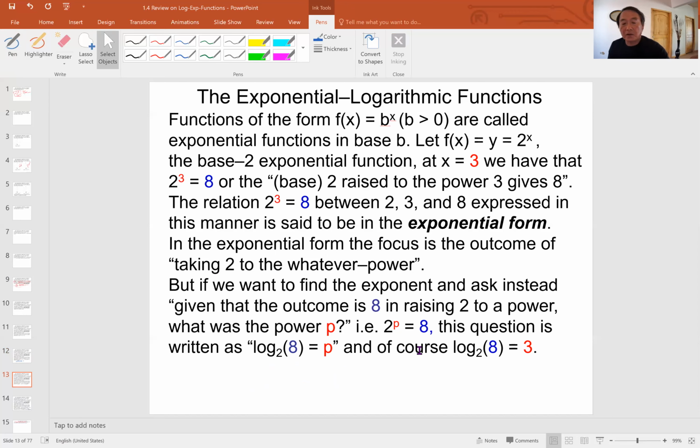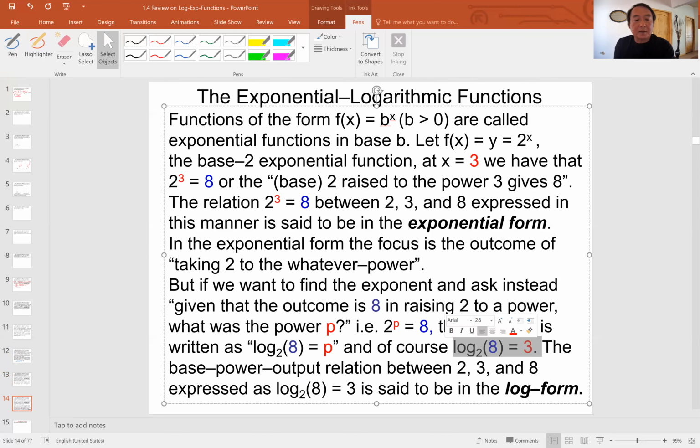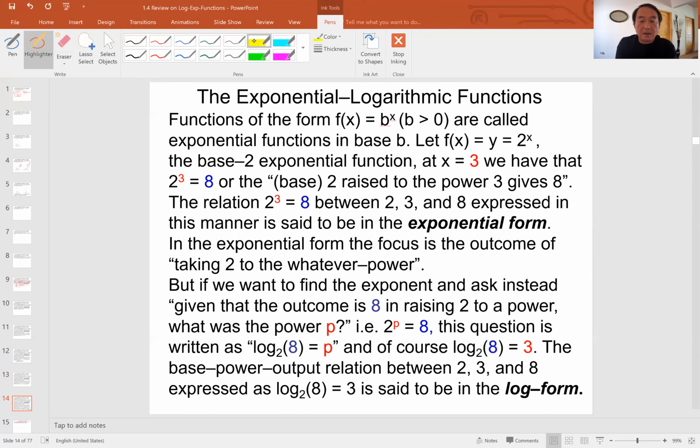So we say log base 2 of 8 is equal to 3. In this way of formulating the relationship between 2 and 3 and 8, we call this the log form, and this log form right here is exactly the same relationship that's here, except it's stated in the log form.